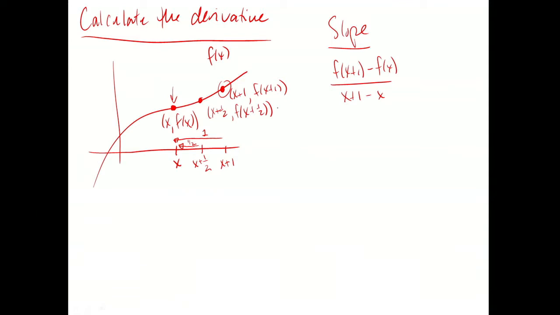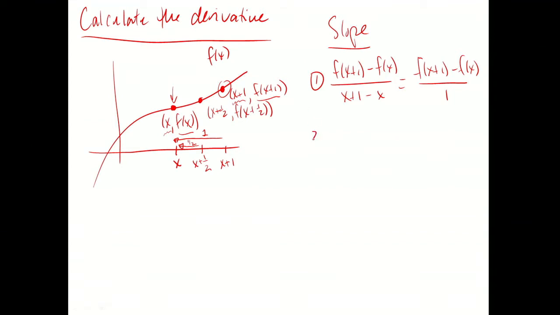So that's just the regular old y2 minus y1 over x2 minus x1. Right? That's just what I wrote there. Okay? And of course, the only thing I'll simplify in this is that it's a little bit silly to write the bottom this way. You have x plus 1 minus x. So that's just really 1, right, on the bottom here. So we ended up with something that looked like this. Okay, so that was our first guess that we did.